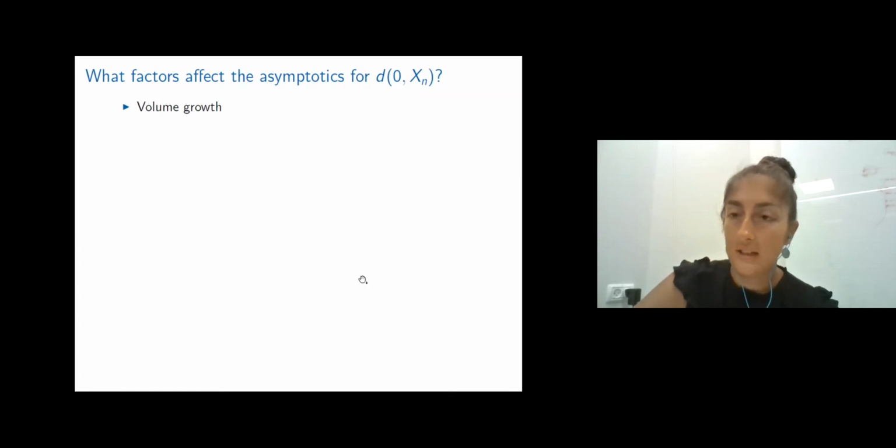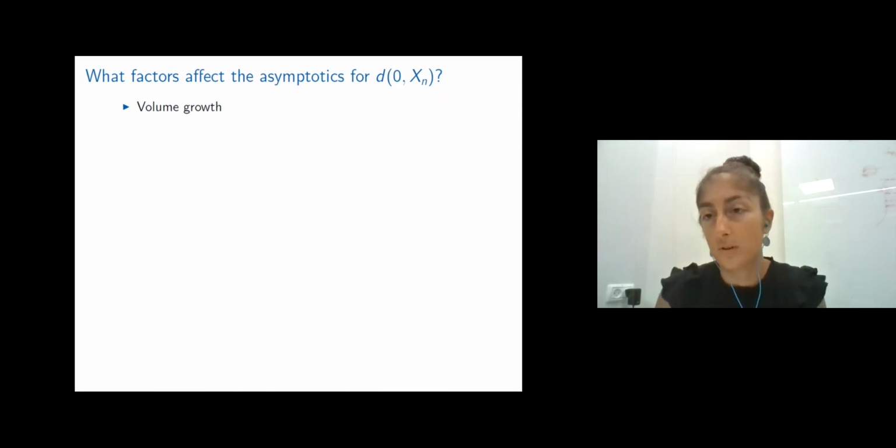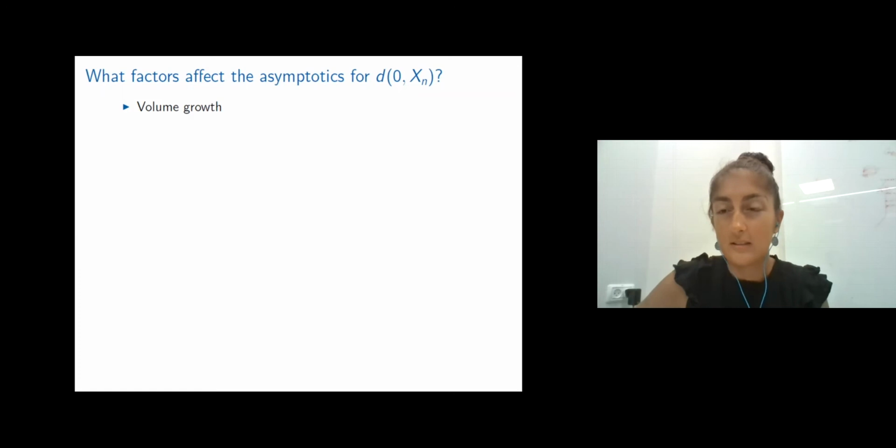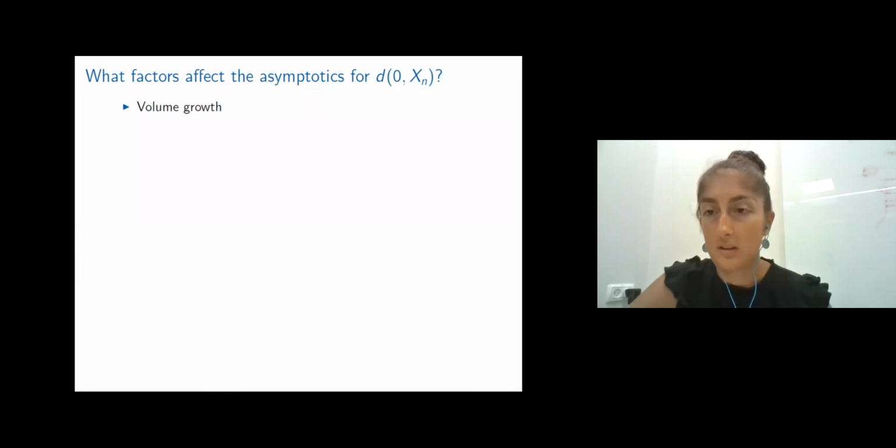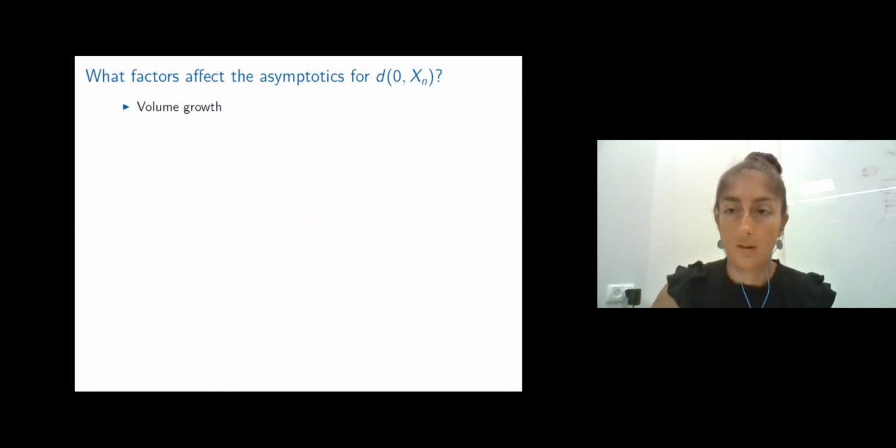But then you could also see in the example of the binary tree, which has exponential volume growth, actually the random walk moves quite fast. So it's also possible that having strong volume growth can actually help you. And really what's happening in the binary tree is that this extra volume is giving you more escape routes to get away from your start point. Whereas in the Sierpinski triangle, these extra volume pockets are somehow slowing you down.